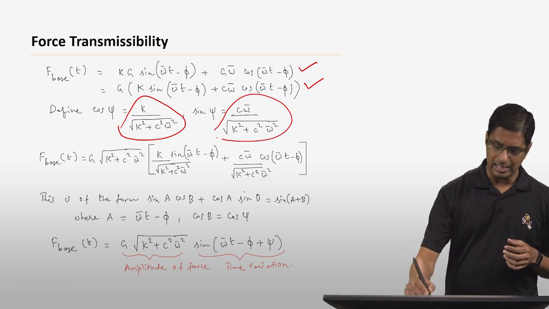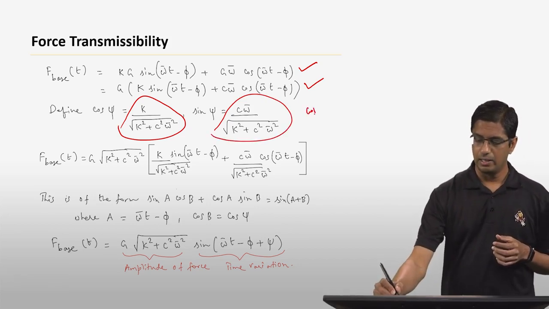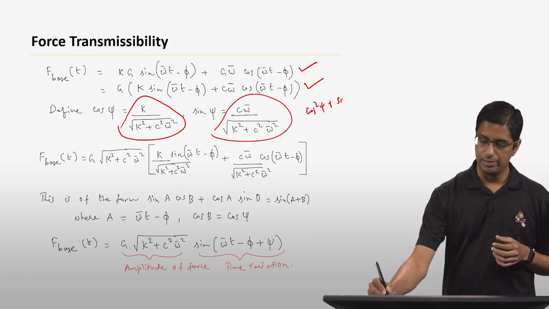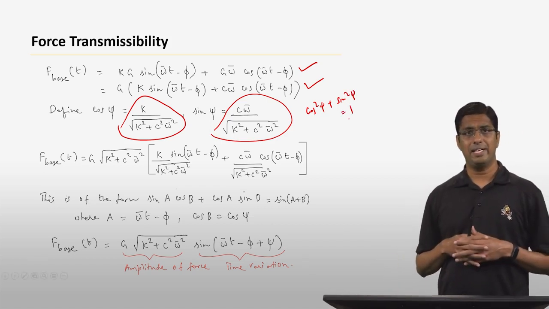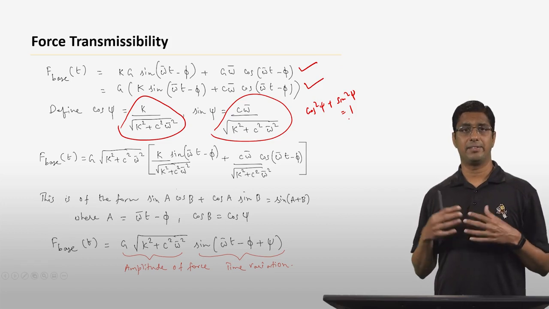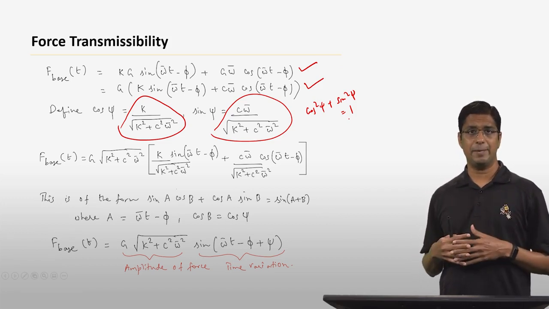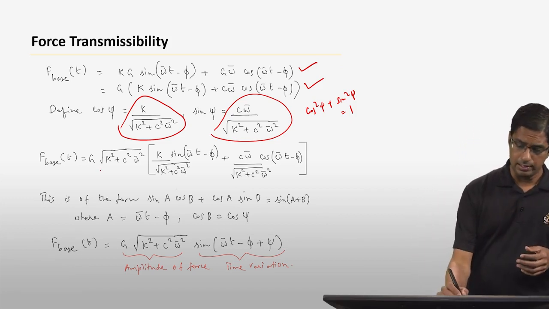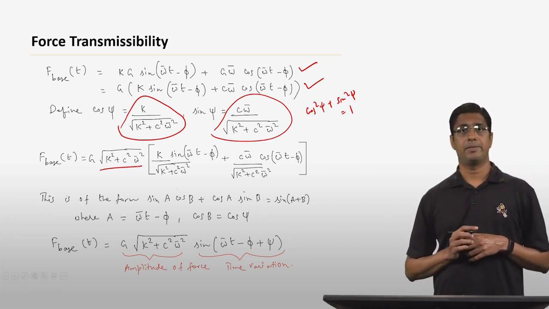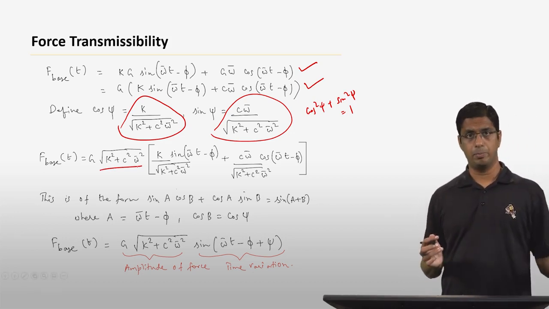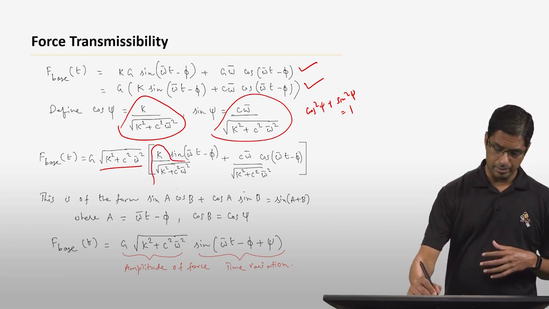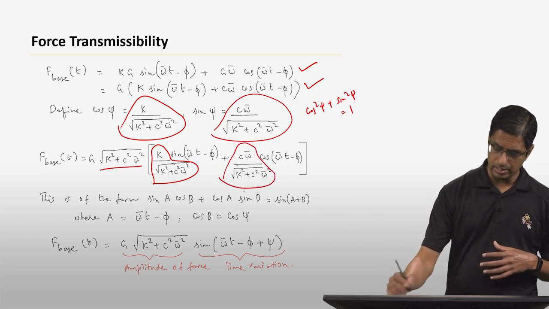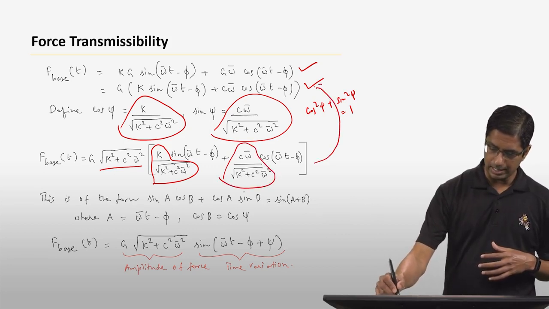You can get that using the fact that cos squared psi plus sin squared psi equals 1. Now, after I define this cos psi and sin psi, I pull out the square root of k square plus c square omega square out of both the terms so that I get terms like this and terms like that. So this comes from that equation.